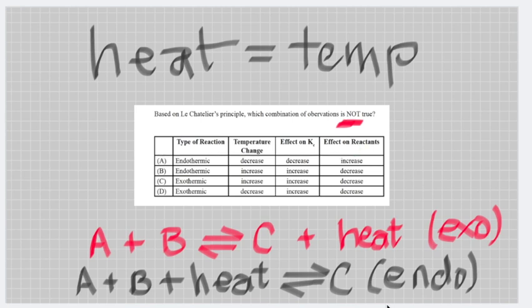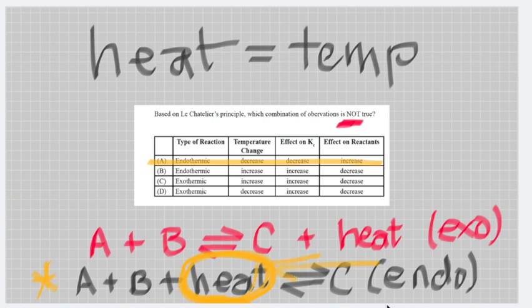If we apply Le Chatelier's principle to A here, it's an endothermic reaction, which is like this one here. And if we decrease heat by decreasing temperature, then the effect on the reactants? Well, according to Le Chatelier's principle, if we decrease heat or temperature, then the system will behave to move towards producing or generating more heat or temperature.